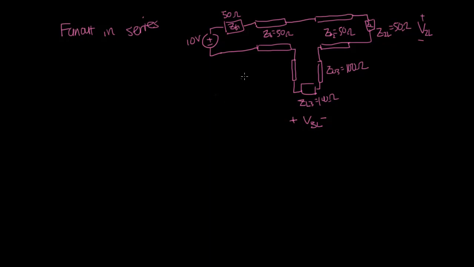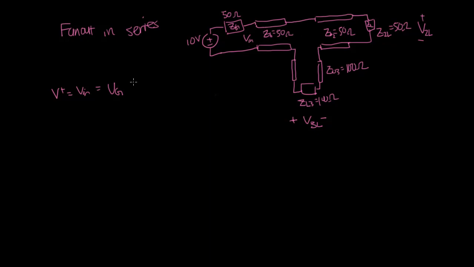Now, in this case, first of all, let's start by calculating the initial wave going in. So V plus, or V in, is going to be equal to VG over Z0 plus Z01. Again, you don't really care about what happens after the transmission line.